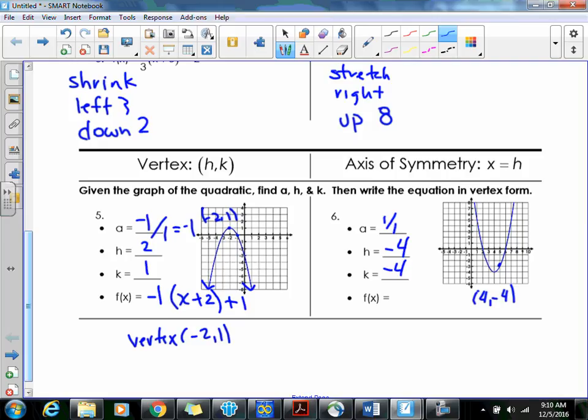But when I put it back into the vertex form, it's not going to be negative. It's going to be +1, which I don't even have to write the 1, technically. X -4. Oh, I left my square off here. Make sure you put the square here. Okay, -4.